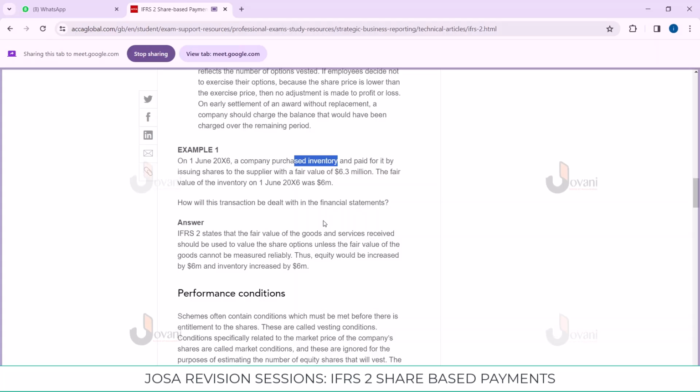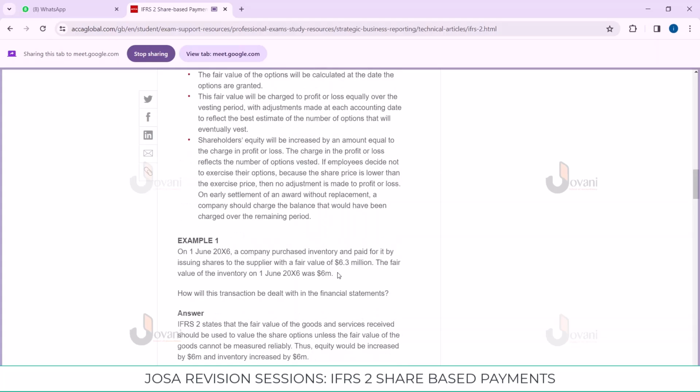They are saying that the fair value of inventory on 1st June, get it very well, on 1st June, we said we use the fair value of goods on the date when goods are received. So on 1st June, a company purchased inventory and paid for it by issuing shares to the supplier with a fair value of 6.3. The fair value of the inventory on 1st June is 6.